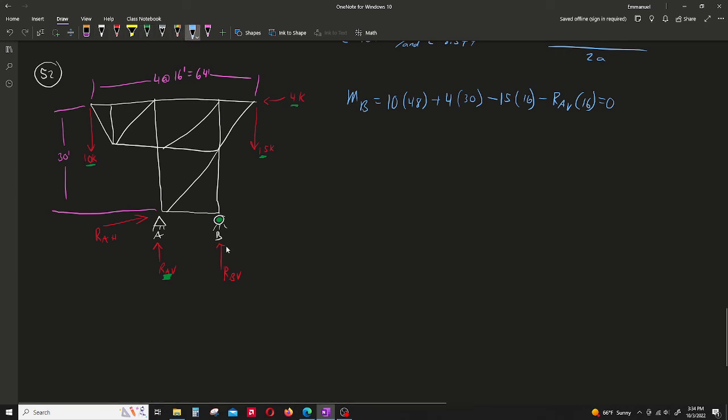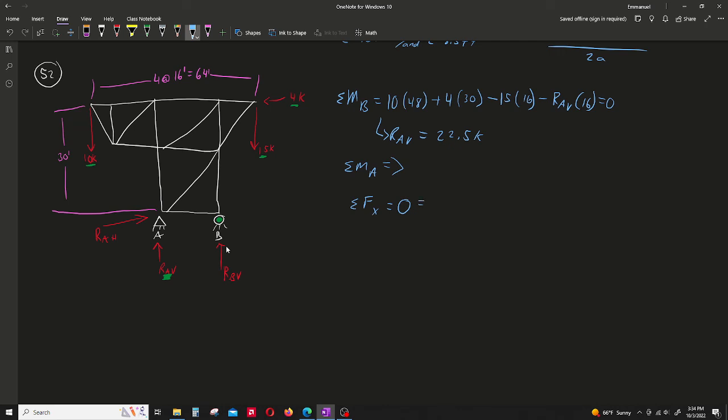When we calculate, the only unknown we have here is RAV, so we can calculate that as 22.5 kips. Now that we have that one, we could sum all of our moments at A. But with all of these different forces, why not just make life easy by doing the sum of all of our forces in the x direction, which is going to be equal to 0.